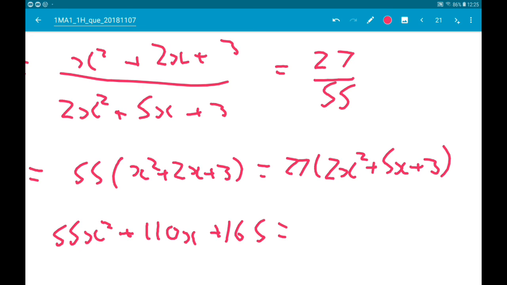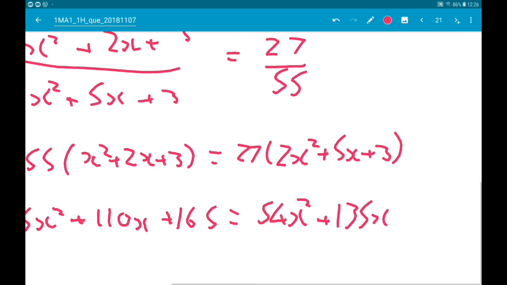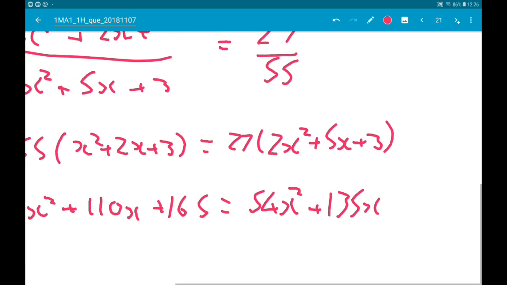And on the right, we are going to get 54x squared. Oh, that's nice. Add 135x. Add 3 times 27, 81.